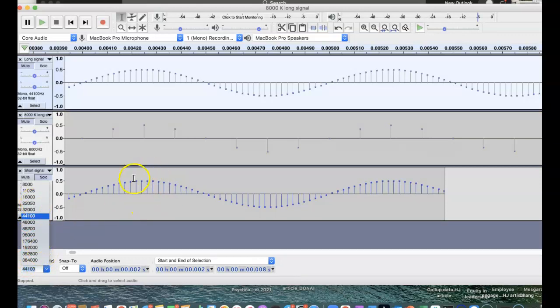Now remember, there's a relationship between data storage and sampling frequency. The more samples you use, the more storage you need. And so there are limitations. Like I mentioned, everything in digital signal processing has a trade-off.